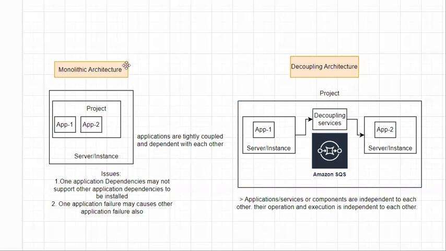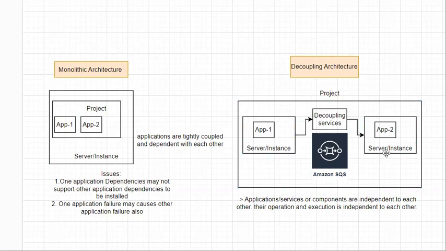In monolithic architecture, if we compare the major difference between these two architectures, your applications or services or components are dependent on each other, and they operate and execute by depending on other applications.